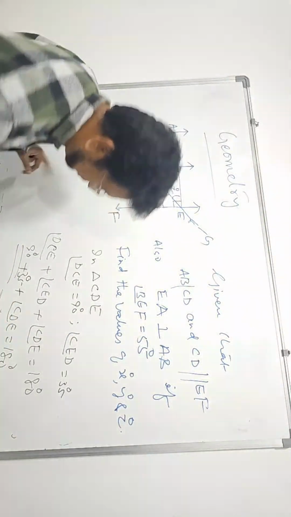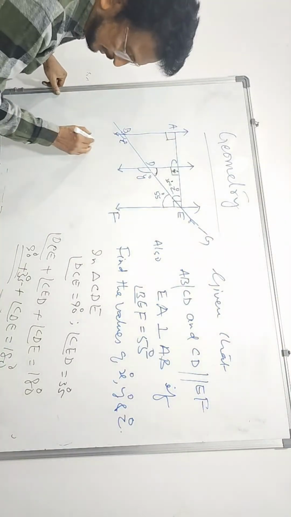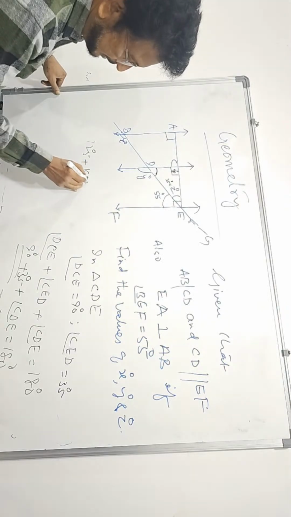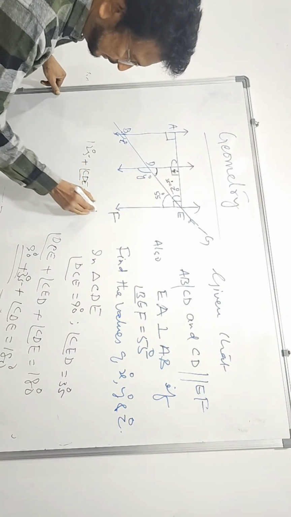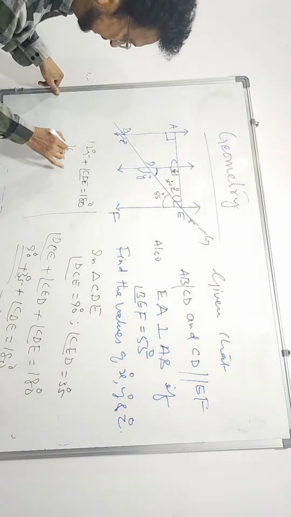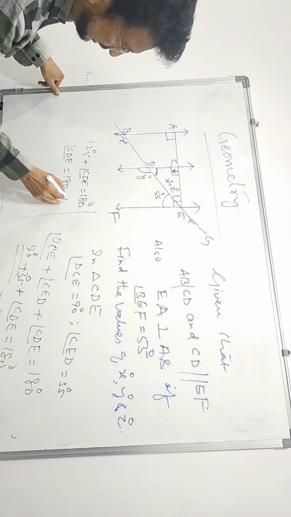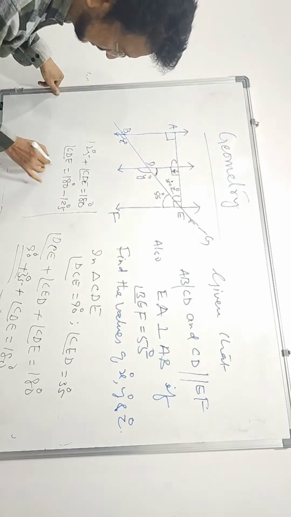If you add these two, 125 you will get. Then 125 plus angle CDE is equal to 180 degree. Then CDE angle is equal to 180 minus 125. How much is it?